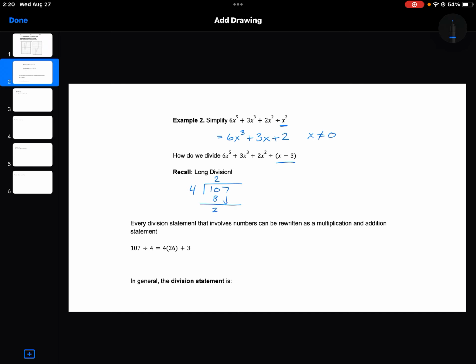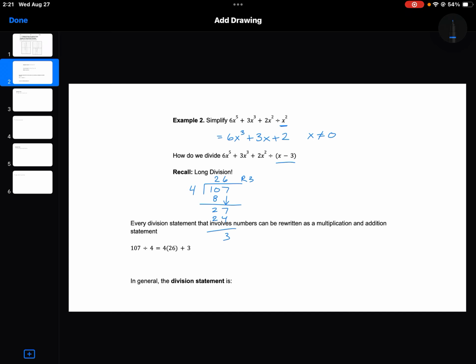I would subtract those, bring that down and I get 7. And then I'd say, okay, 4 goes into 27 6 times. And I'd say 4 times 6 is 24. And I would subtract those and I would get a remainder of 3.